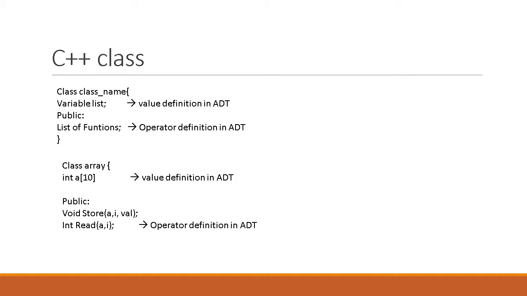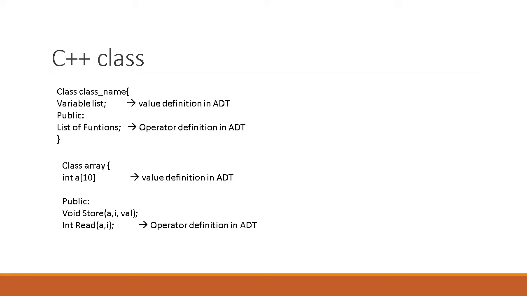For store, there is no value returned, and I specify the parameters I am passing here. And read is going to return an integer value. That's why there is a return type, function name, and parameters. This is very similar to the value definition and operator definition in your ADT.